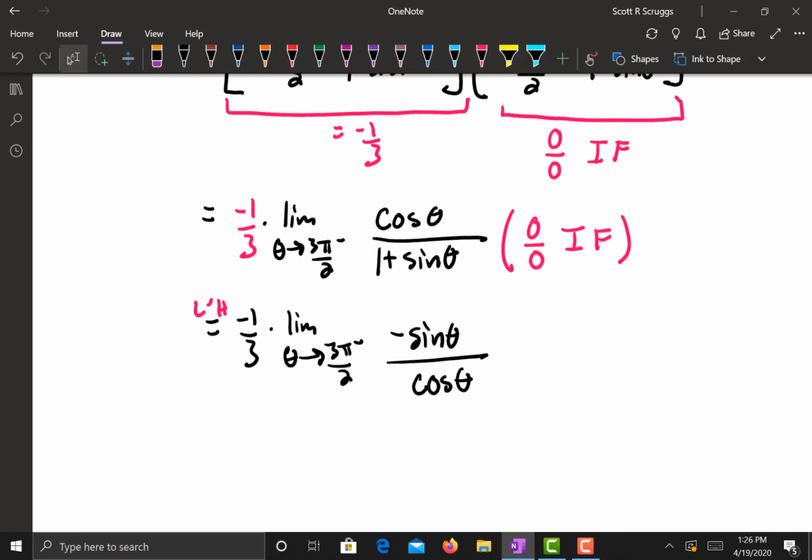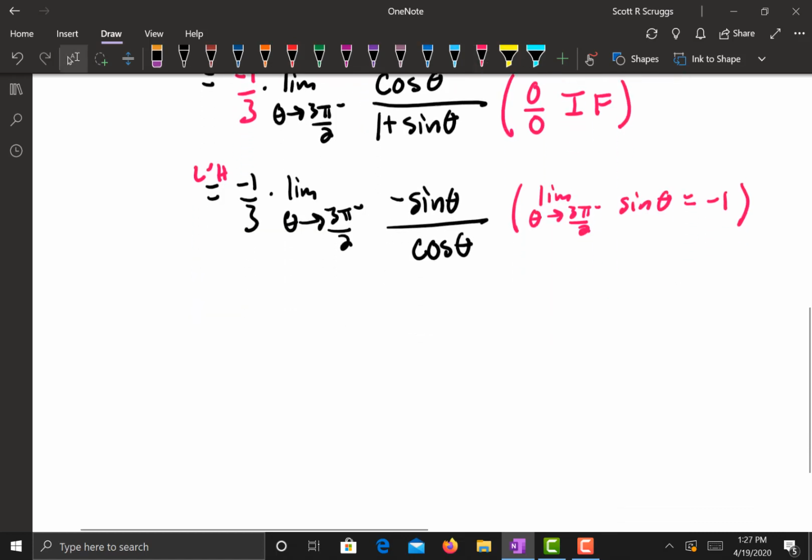Now note that I'm no longer in an indeterminate form, because if I take the limit as theta goes to 3 pi over 2 from the left of the numerator, sine of theta, I'll get a -1, which means that I'm not in an indeterminate form anymore.